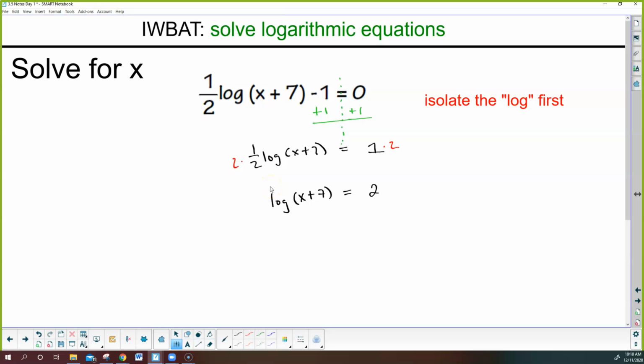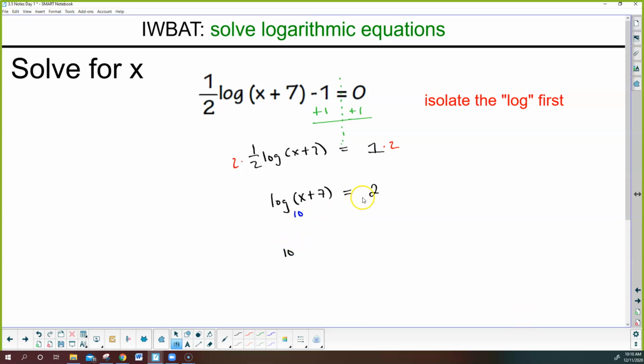Now this one also is a little bit different because it's not just x. We've got x plus 7. Notice that x plus 7 is in parentheses. That is protected, and I can't do anything with the x plus 7 until I get rid of the log. So we're going to take that same approach now, and change this from log form into exponential form.